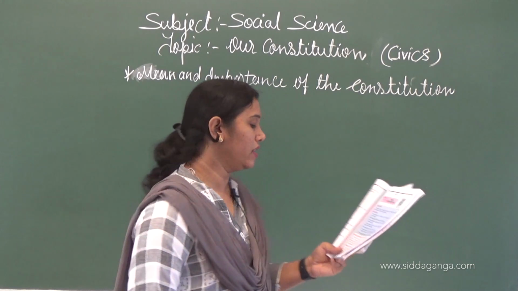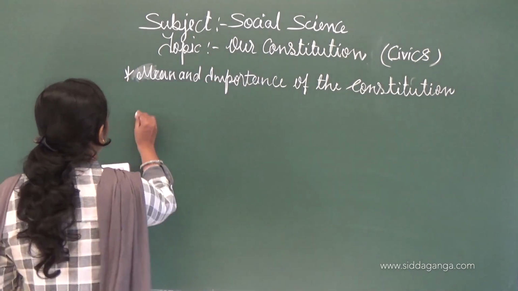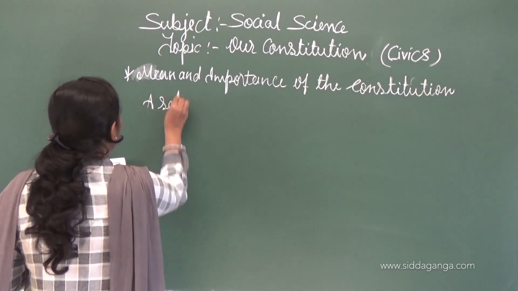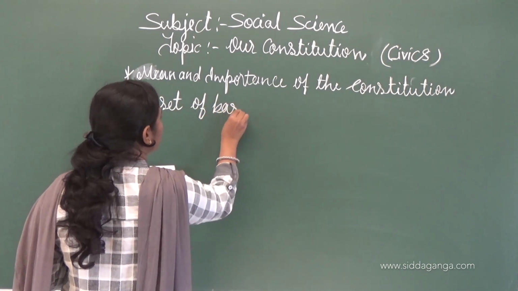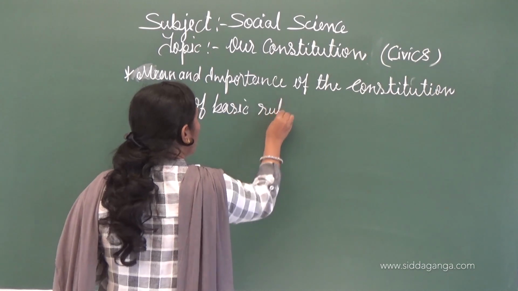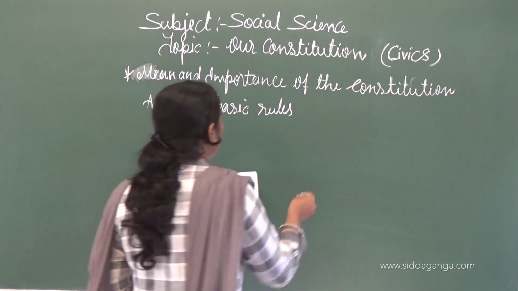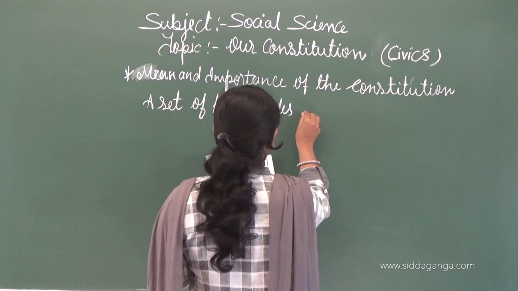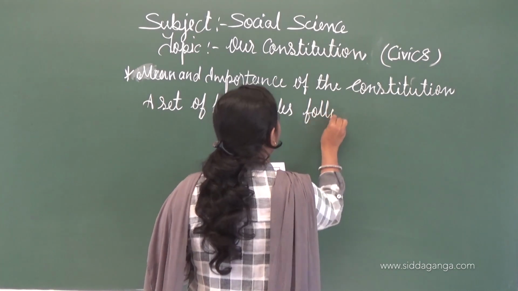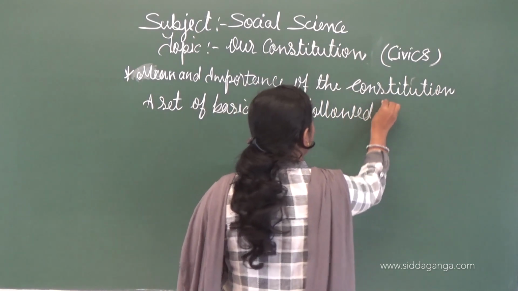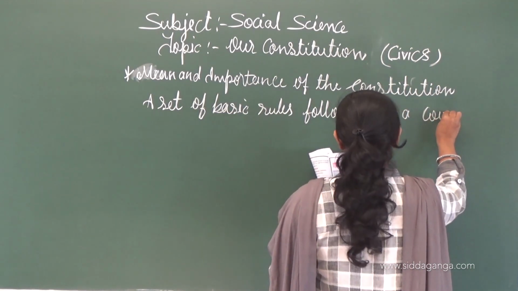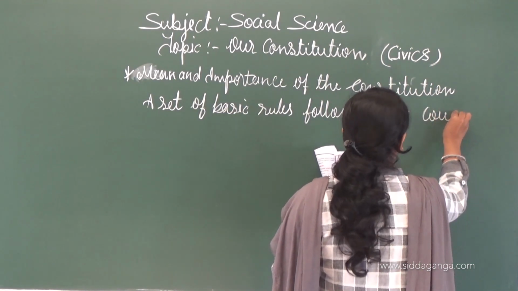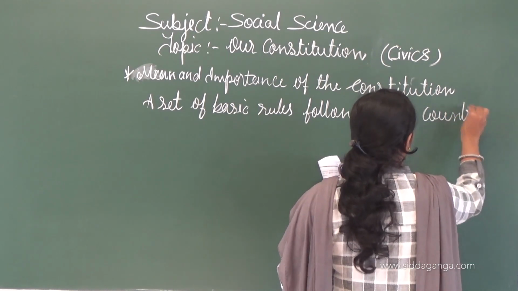Understood? Once again I will repeat here. Constitution means what, children? A set of basic rules which are followed by a country. Basic rules followed by a country is called constitution. Understood?